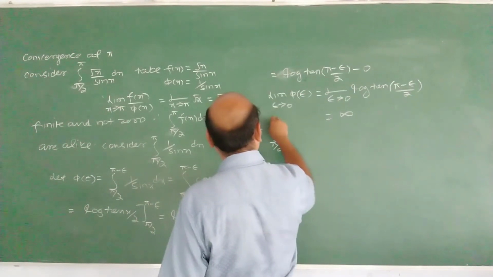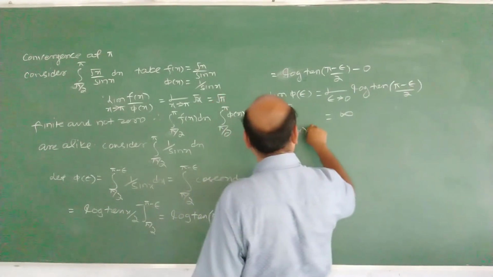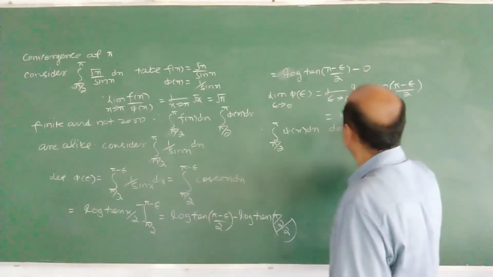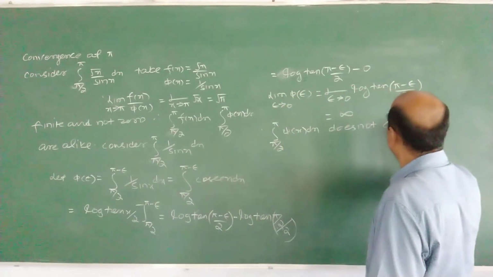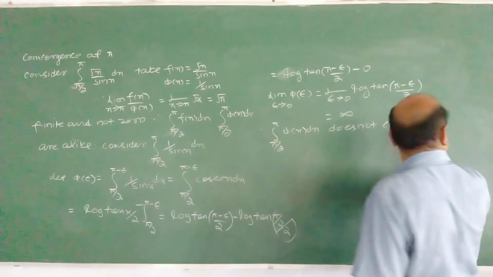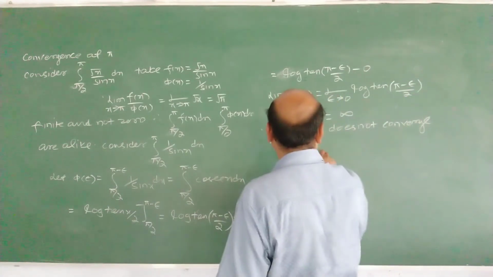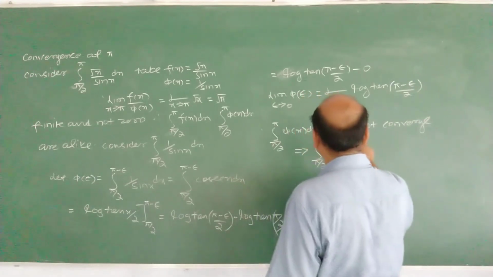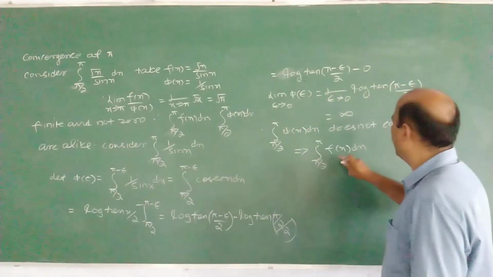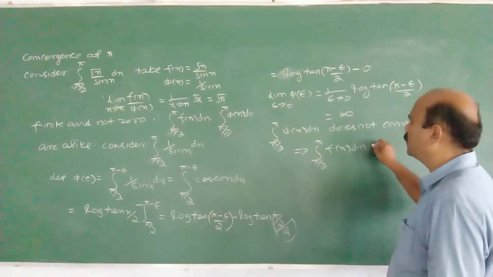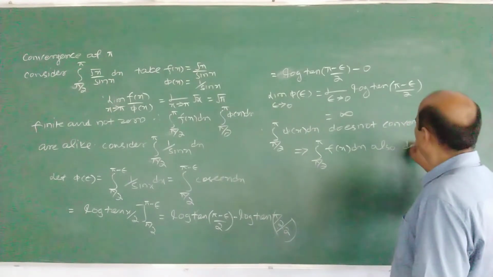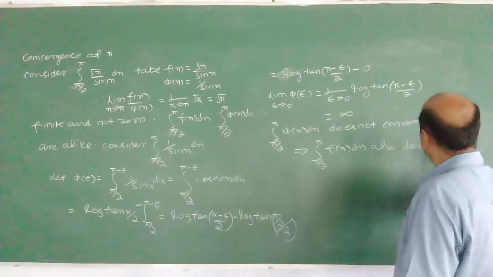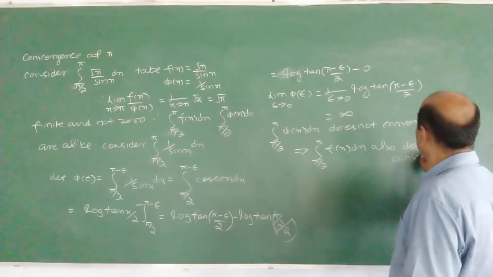The integral from pi by 2 to pi of 1 upon sin x dx does not converge. This implies that the given integral from pi by 2 to pi of f(x) dx also does not converge.